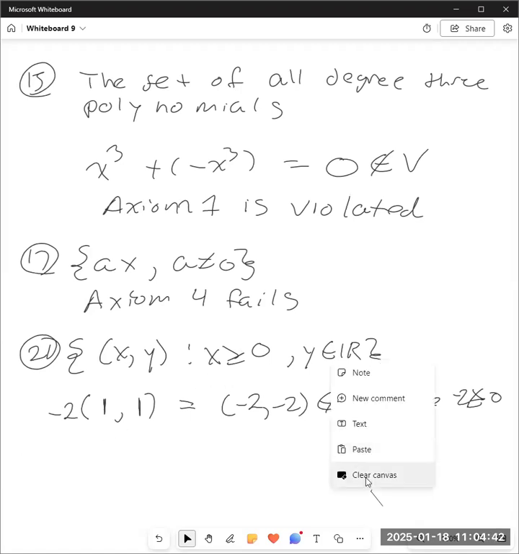Number 23 is another one that is a vector space, and I would have to show all 10 axioms to prove it. So the set of all ordered pairs x, x such that x is a real number.